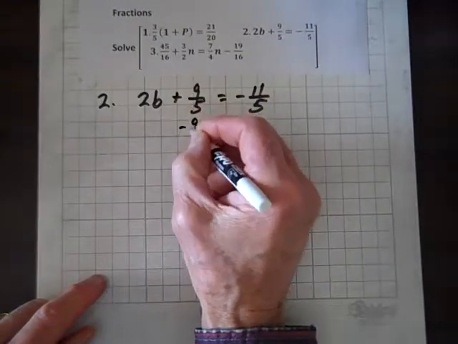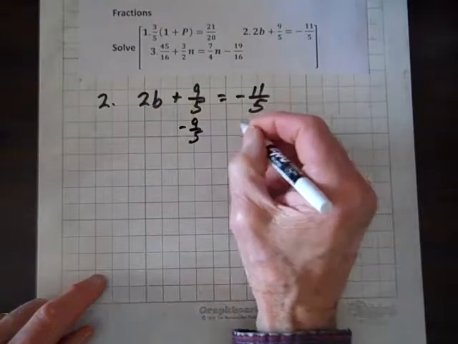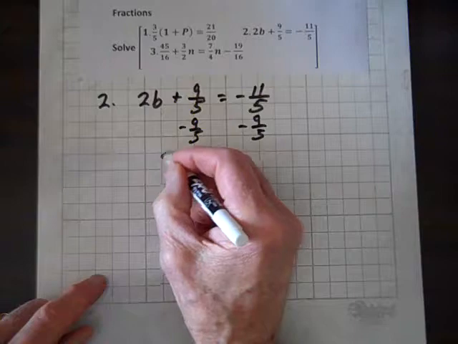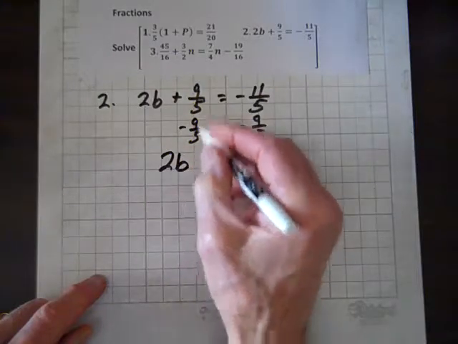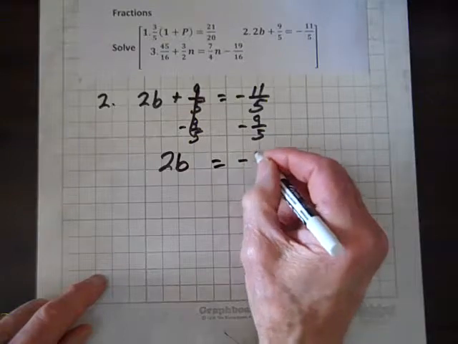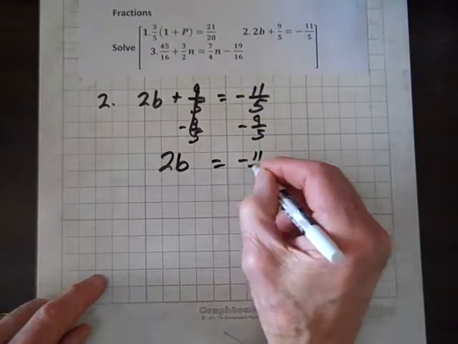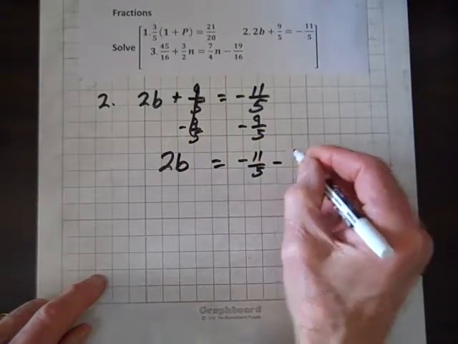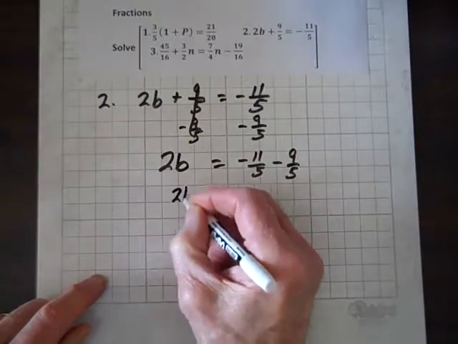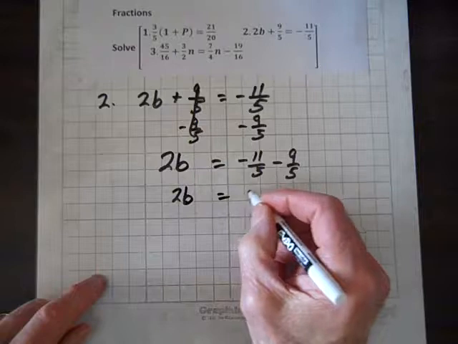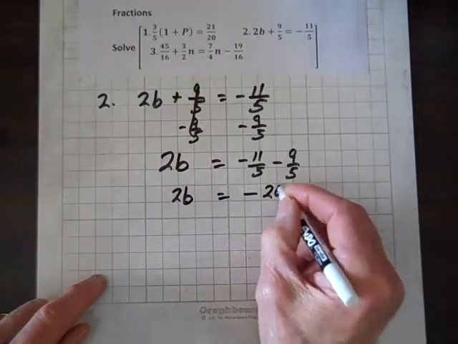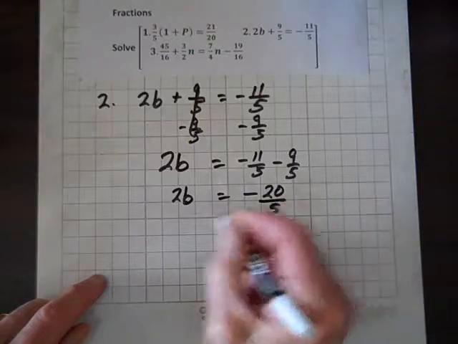So minus 9/5 and minus 9/5. And what we have here is 2b, because these add out, equals negative 11 over 5 minus 9 over 5. So 2b equals negative 11 minus 9, which is negative 20 over 5.